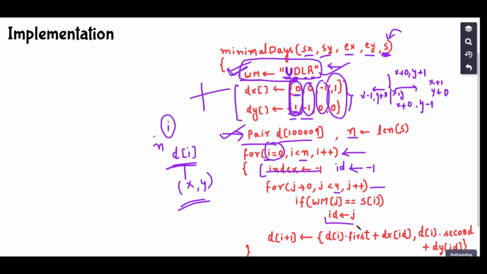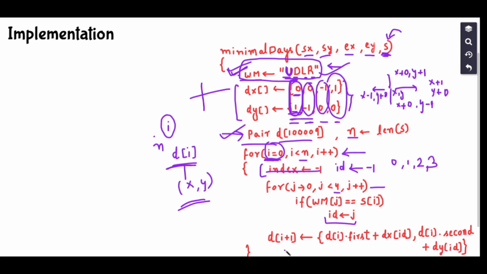So this id represents the j, the position corresponding to this vector. The id will only store either 0, 1, 2 or 3, corresponding to the location of these pairs.